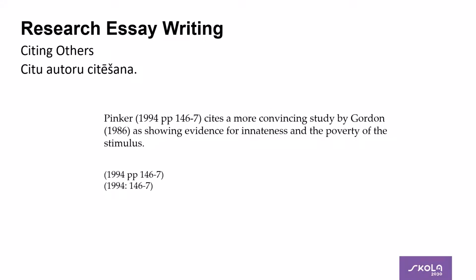Here, though, Pinker's 1994, still last century, still in the past, is used with a present verb, and this suggests that this idea is more current, more relevant. And notice the different ways of referencing page numbers. Again, it's important to be consistent in whatever system is being used.